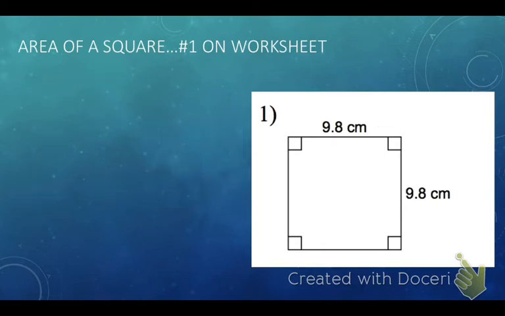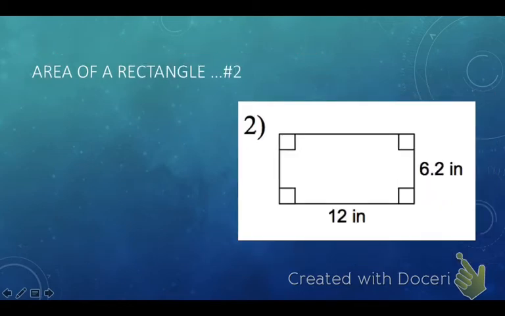Okay, let's move on to the next one. So this is number 2 on your worksheet. All right? So now we have an area of a rectangle. The reason this is a rectangle is because the length and the width are different measurements. So again, I'm going to give you a second, I want you to write the area of a rectangle or square on your worksheet.